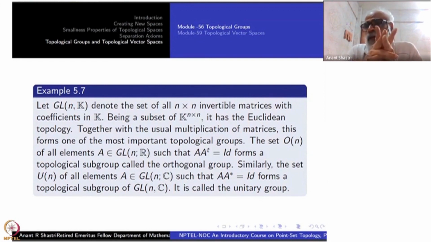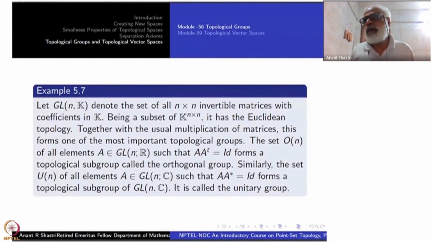You can separately verify that A comma B going to AB is continuous by looking at the matrix entries of this product. They are all polynomials. Then whenever this is invertible, how do you write the inverse?